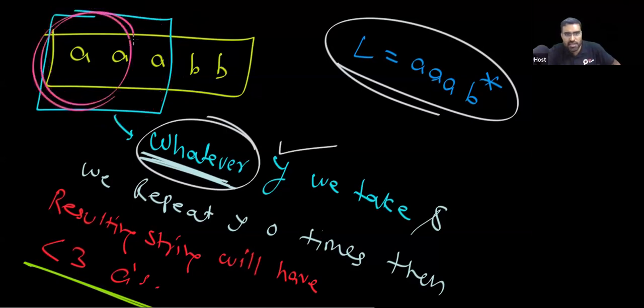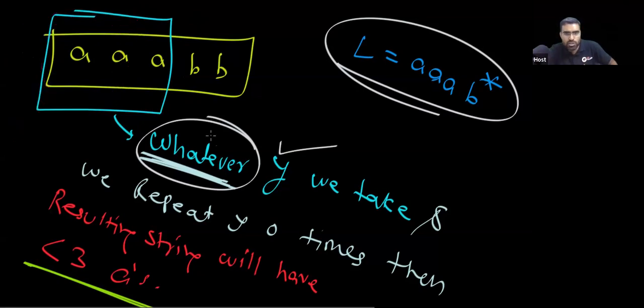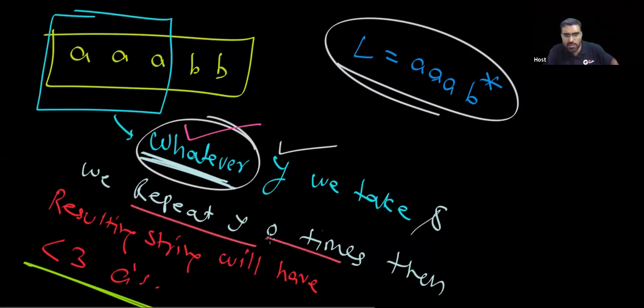If I take this Y and repeat it 0 times, the resulting string will be ABB. Whatever Y you take, if you repeat that Y 0 times, the resulting string will have less than 3 A's.